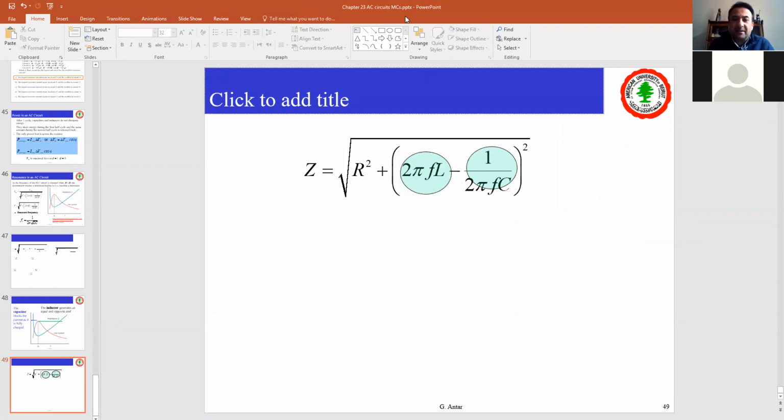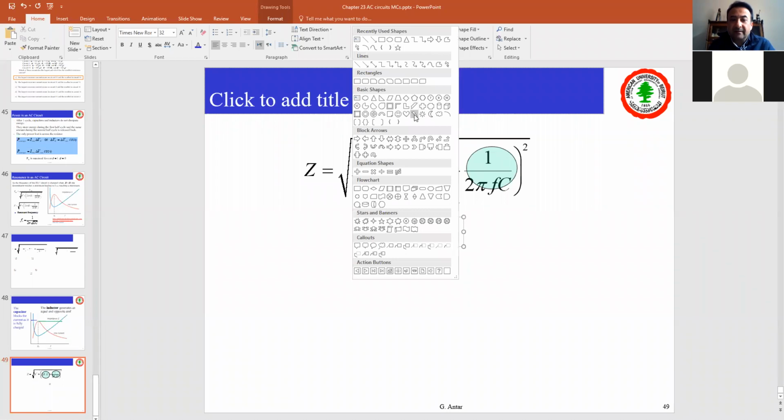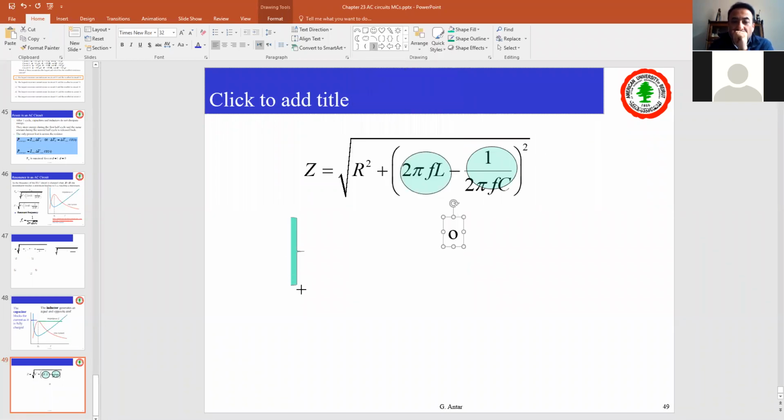When this term is equal to this term, then this is equal to 0. This term here is exactly equal to 0, and so my Z is equal to R.